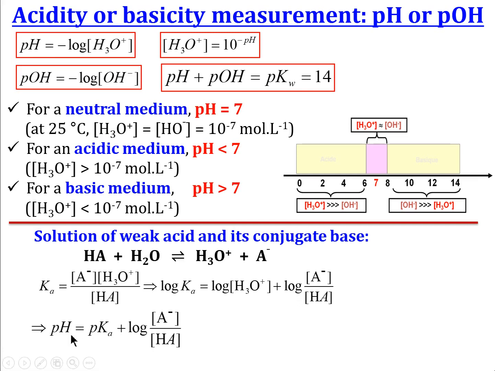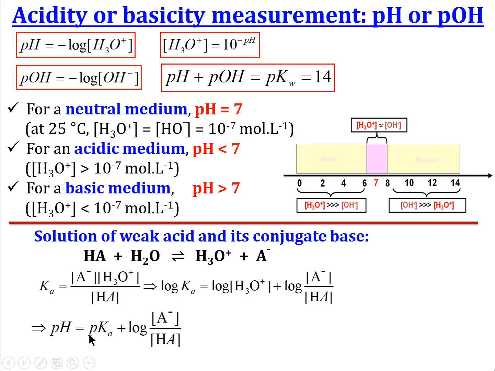So pH equals pKa minus log [HA]/[A-], or simply plus log [A-]/[HA].